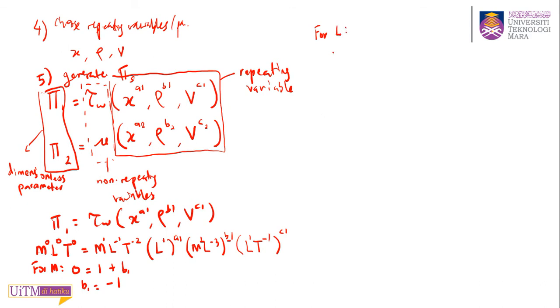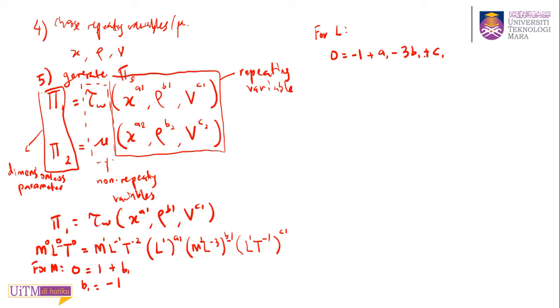Then we do for L. For L, 0 again. 0 equals, we have 1 L here with the power of minus 1, so minus 1, and we have another L in x, L1 times A1, so plus A1, and we have L in rho, L minus 3 times B1, so minus 3 B1, and we have another L in velocity, L1 times C1, so plus C1.